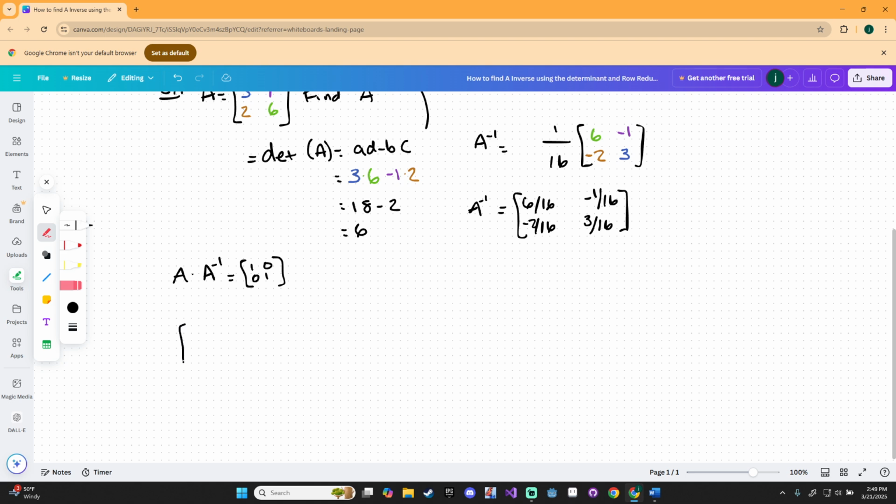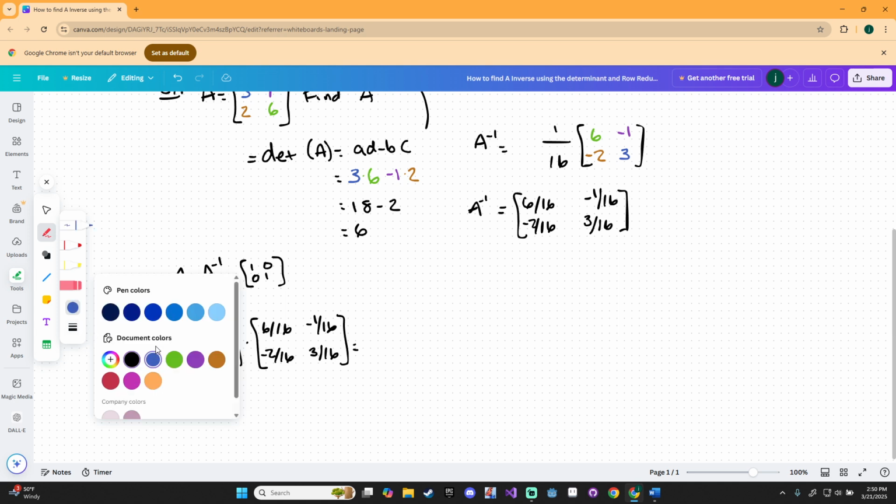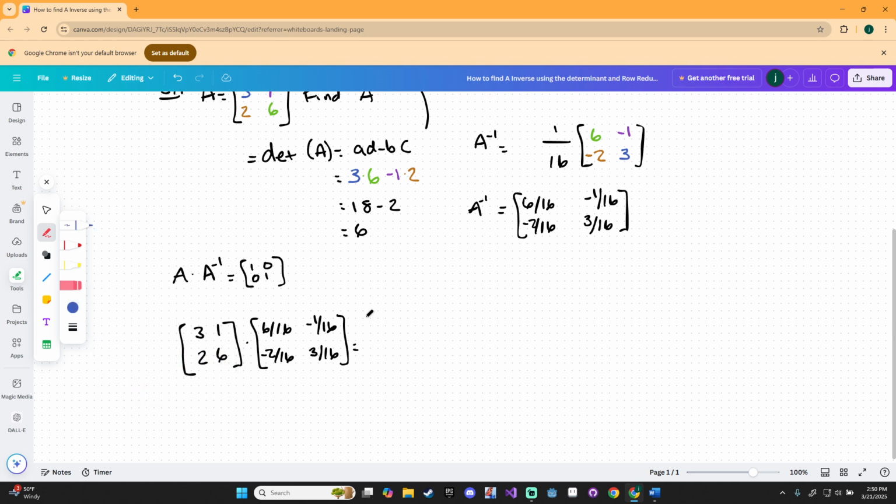So, a little multiplication refresher. We're going to first start off by finding this A term.